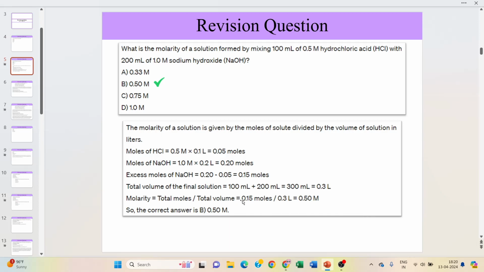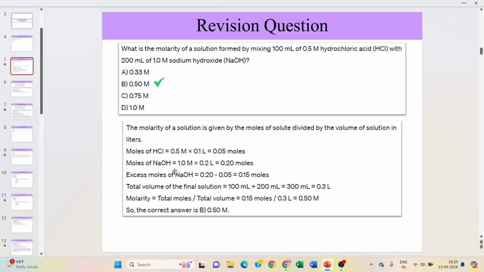For this, how do you need to solve it? You are supposed to first calculate the number of moles for both HCl and NaOH. The number of moles for H plus and Cl minus ions is 0.05. The number of moles for NaOH is 0.20. So which is more?